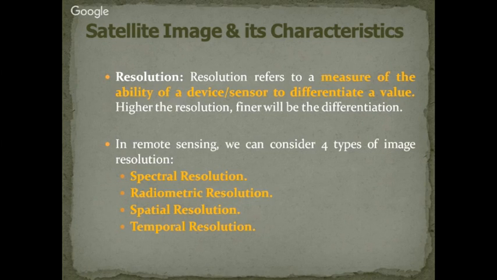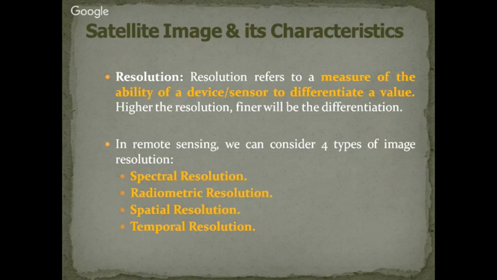So 1 bit resolution is equal to 2 raised to the power 1, which is equal to 2. Which means that in case of 1 bit radiometric resolution, the sensor will be capable of identifying just 2 different shades of gray. That is, either it will be pure white or pure black. In such a case, it is very difficult to identify features if there is a lesser number of gray shades.